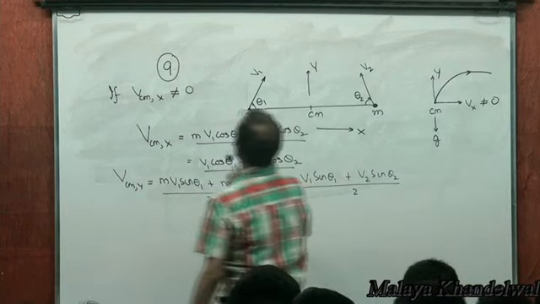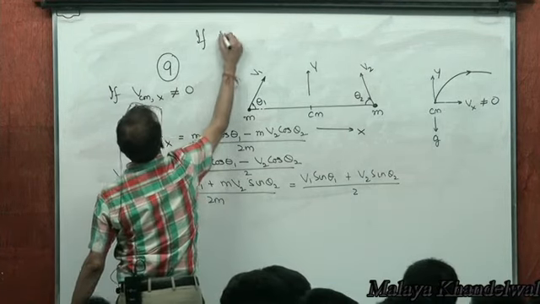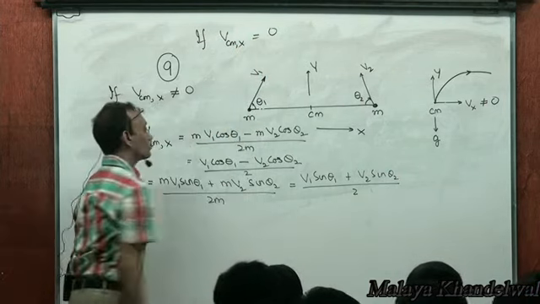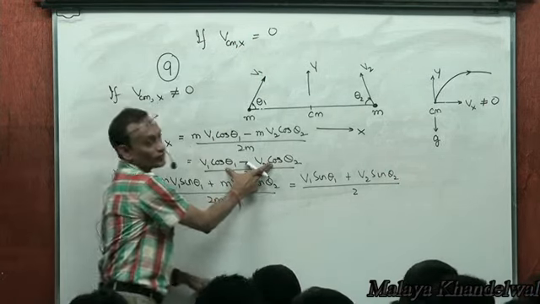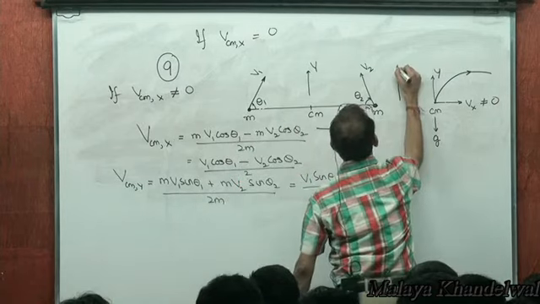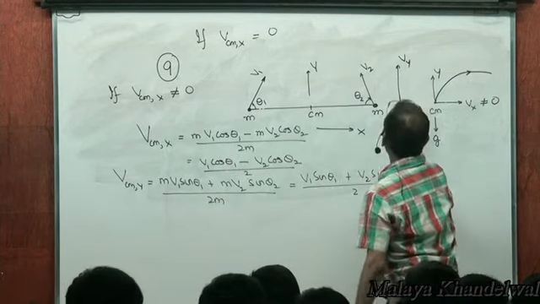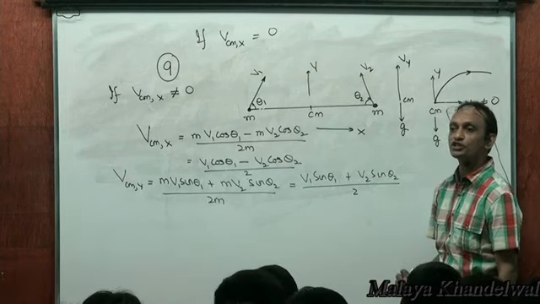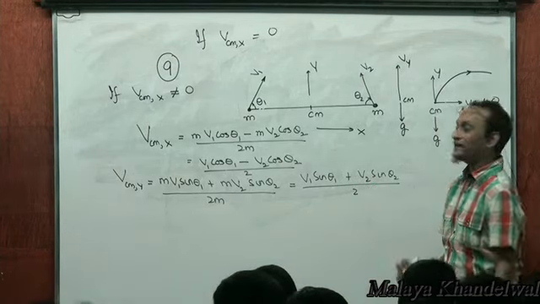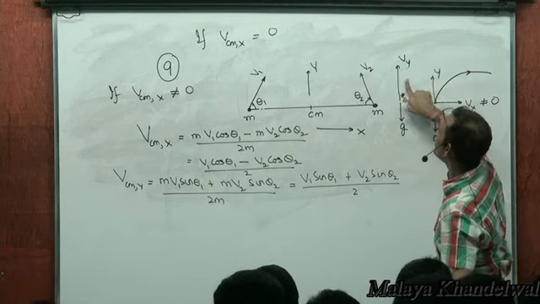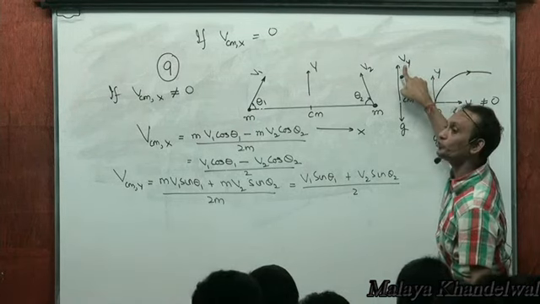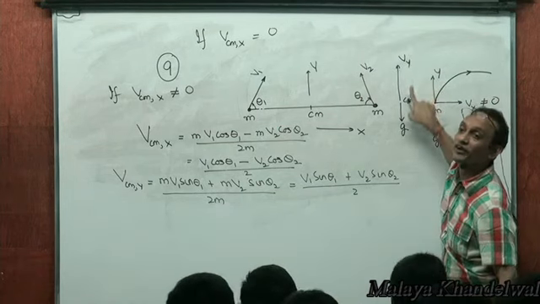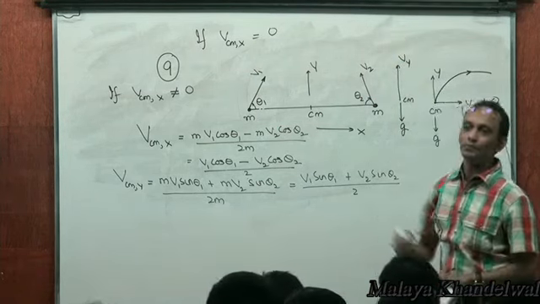However, if VCM in the x direction be 0, that means it only has a vertical velocity Vy and is subject to g downwards. That's the state of the center of mass at the instant of launch, and under the influence of g with the initial velocity just opposing g, it will only move upwards along a straight line, vertically upwards.